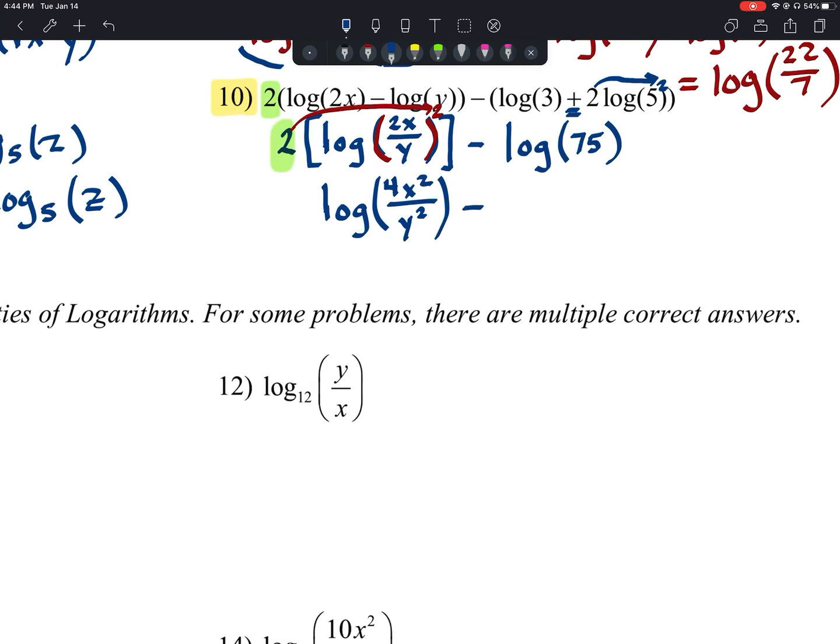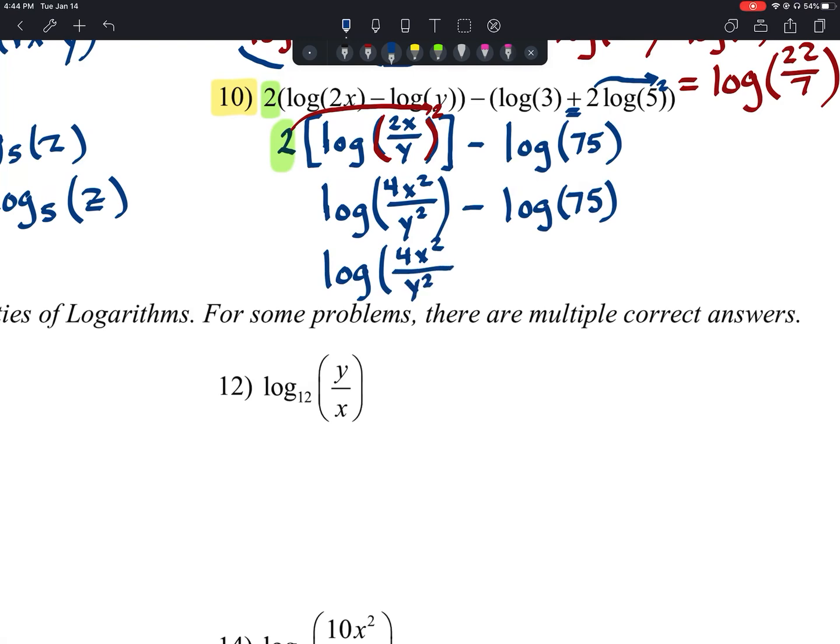And then now that we're subtracting the log of 75, we're going to apply the quotient rule here. So when we do this, we're going to end up having the log of 4x squared over y squared.